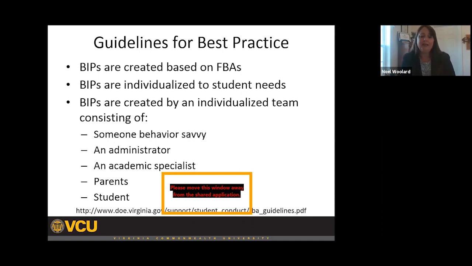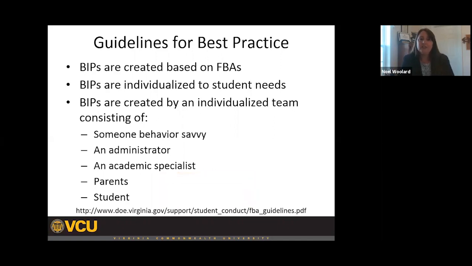With that being said, the guidelines for best practice in conducting functional behavior assessment that are listed on this slide are not going to change because of COVID-19. However, some of those interventions and strategies that may be currently on behavioral intervention plans or on future behavioral intervention plans may need to be changed or altered. So as educators, we really need to remain flexible, we need to think positively, and we need to think student-driven as we move forward during this time.